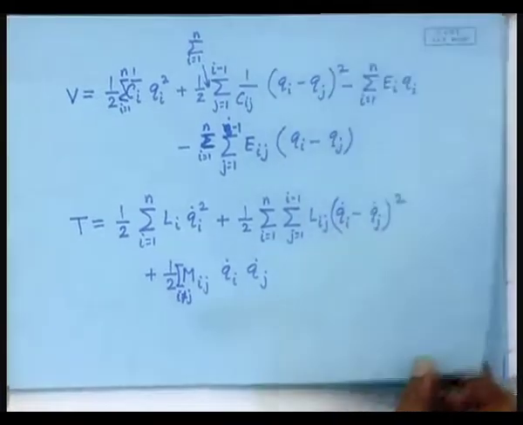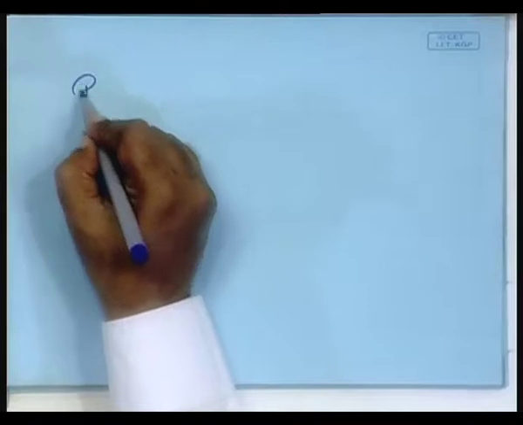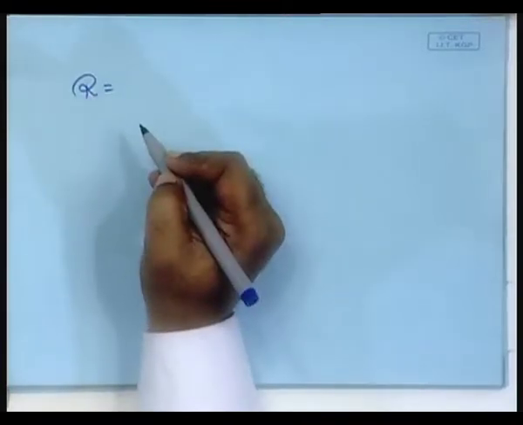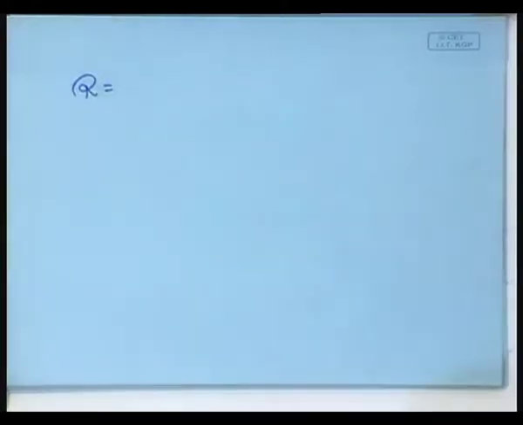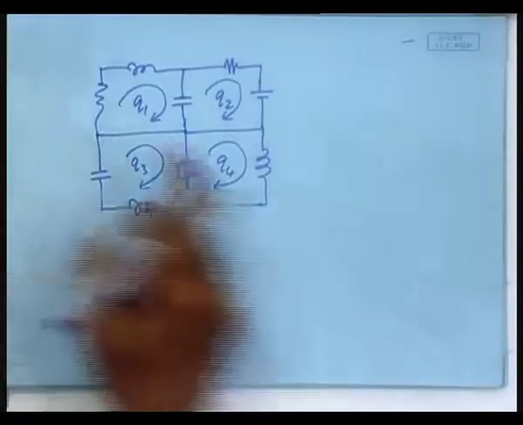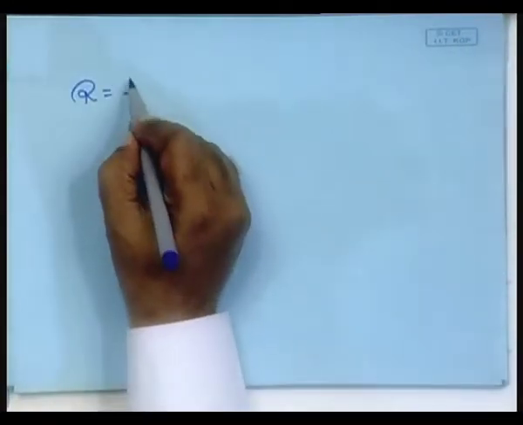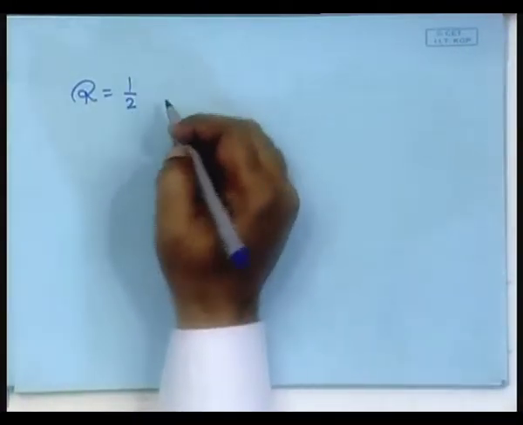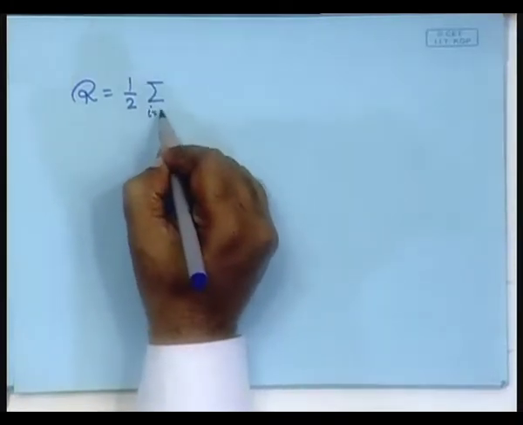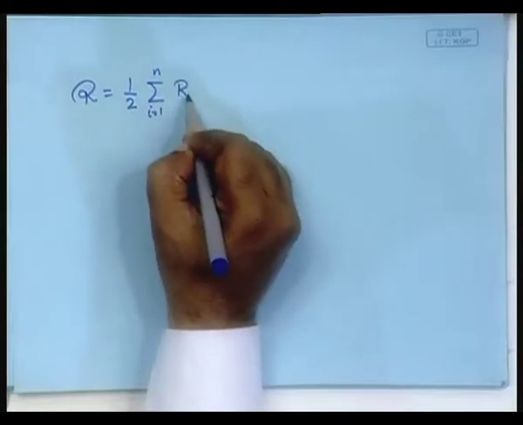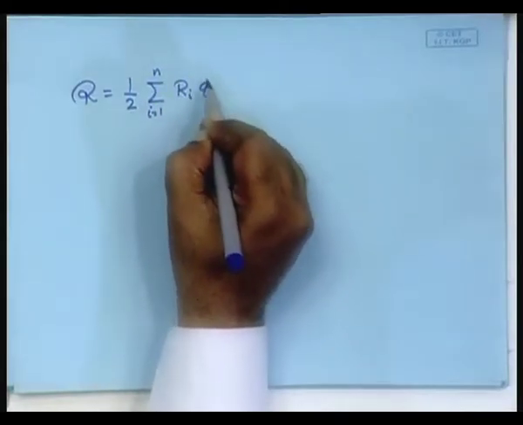Now, we will have to write the Rayleigh dissipation function R, that will have the resistances in the self branches and the resistances in the mutual branches. So, we will have to write it as half, summed once, i equal to 1 to n, R_i q_i dot square.